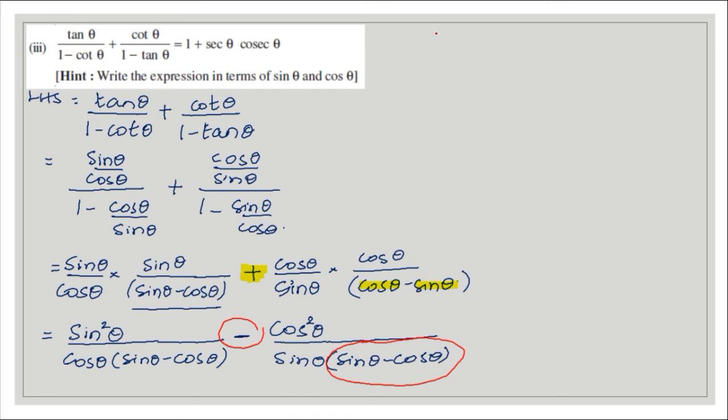Let's continue the steps now. Now I'll take the LCM.